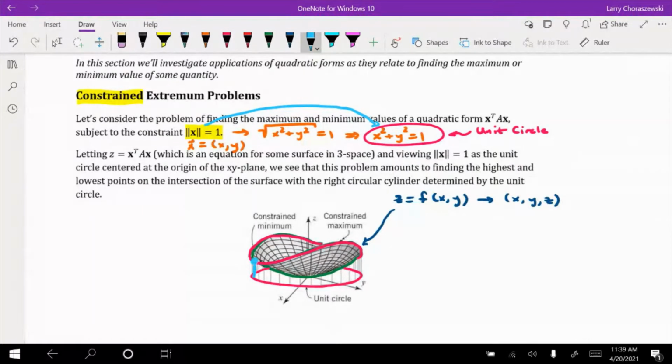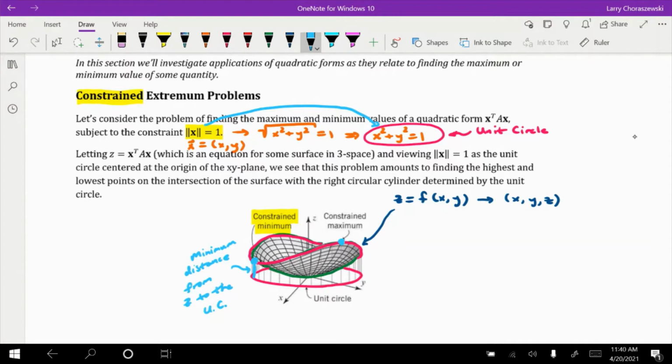And what I mean by as close as possible to the unit circle is that this is the minimum distance from z to the unit circle, also known as a constrained minimum. There appears to also be a point that is furthest away from the unit circle.